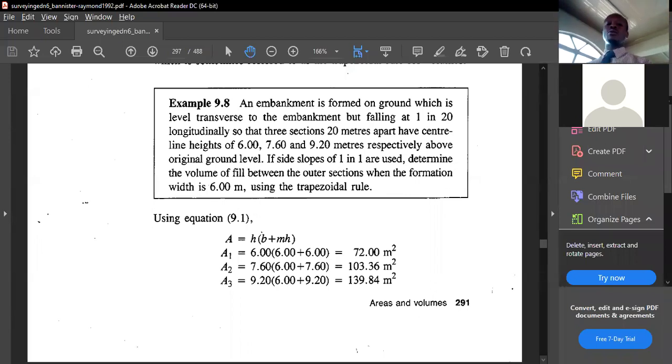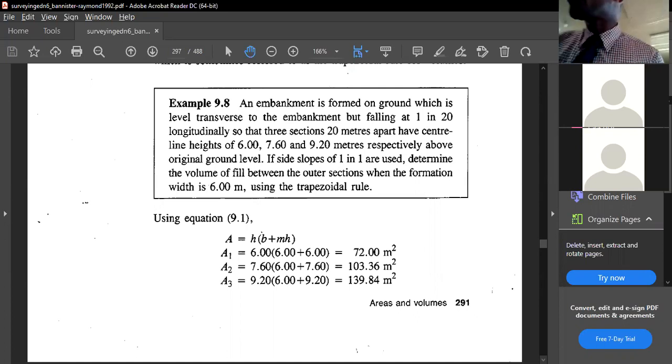Okay, an embankment is formed on ground which is level transversely, falling at 1 in 20 longitudinally. So that 3 sections 20 meters apart have center lines of 6.0.